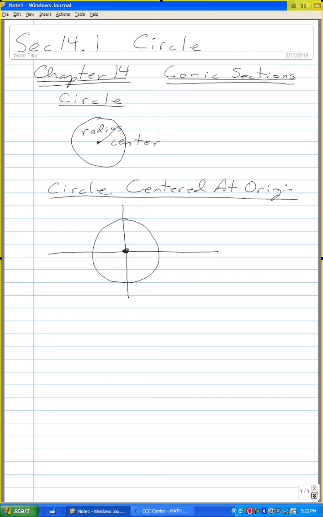And I will put the center of my circle relative to this coordinate system at the origin. And so let's determine the equation of my circle. Suppose that the radius here is r, then by Pythagorean theorem, I have that x squared plus y squared equals r squared.